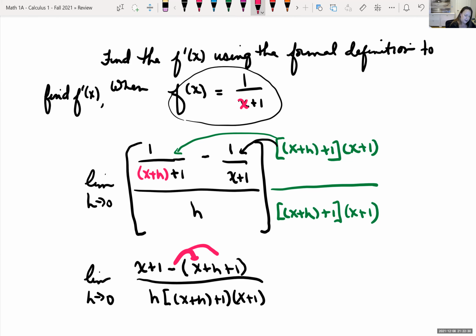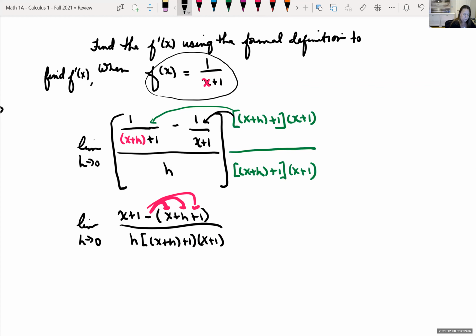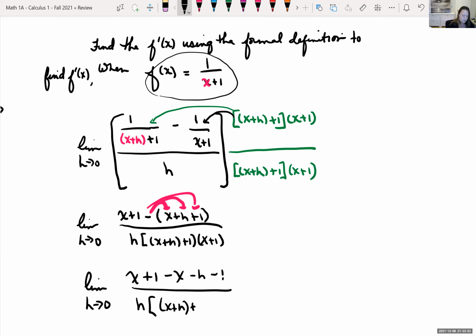So let's simplify. Let's distribute that negative and combine like terms in that numerator. And so we have the limit as h approaches 0 of x plus 1 minus x minus h minus 1, all over this h, all times x plus h plus 1, all times x plus 1.